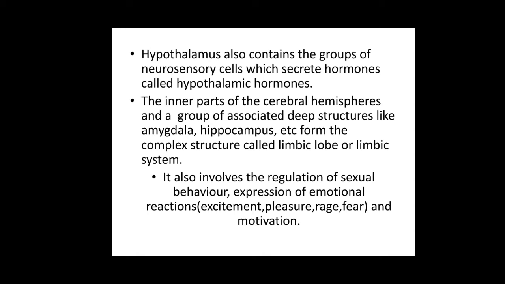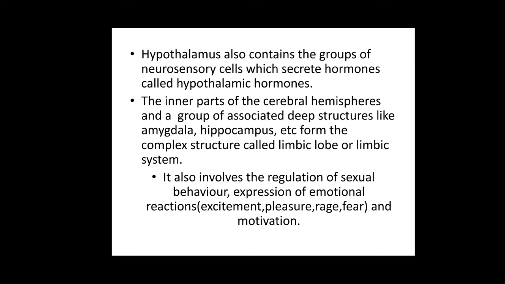In the cerebral hemisphere, there are some other structures like the amygdala, hippocampus, and others, which combine together and form a complex structure called the limbic lobe or limbic system.